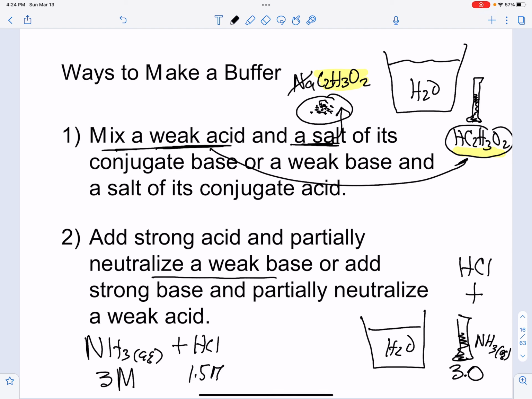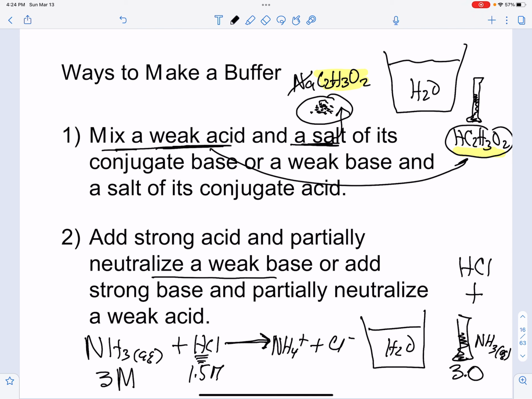Because I'm adding a strong acid, there's going to be a limiting reactant, which is going to be the acid. It is 1:1, and it's going to produce ammonium and chloride. So that would be your balanced equation.